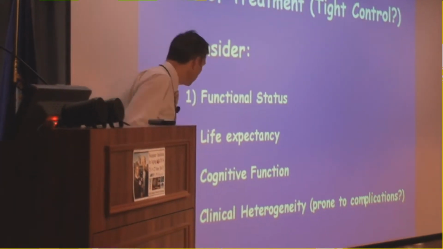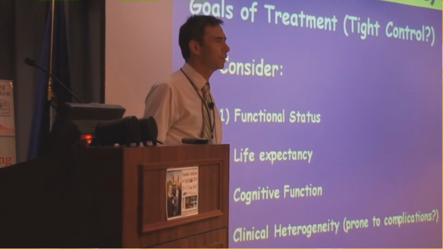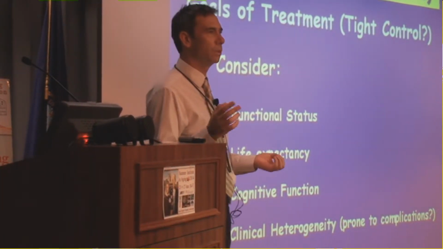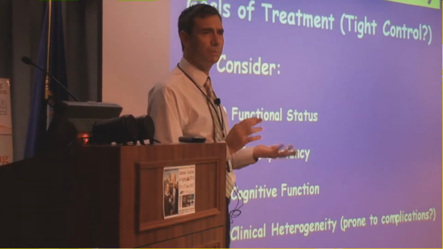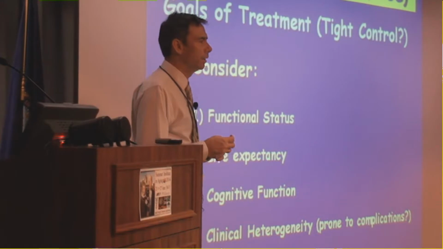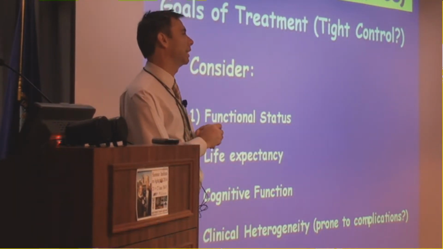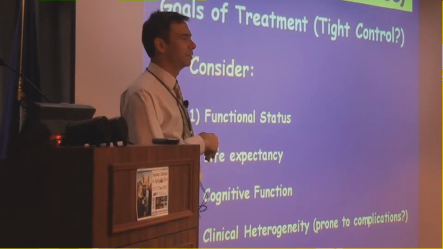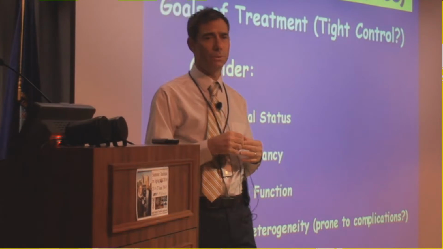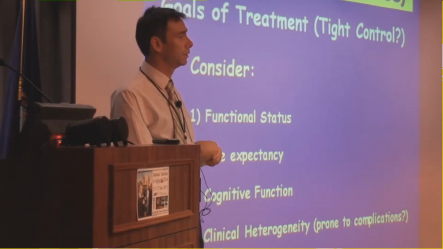And then this one is called clinical heterogeneity, or how prone is that person to complications. This has to do with what I mentioned before, whether every person with diabetes will develop complications or not. And you can kind of get an idea. For example, if you see someone who's had diabetes for 30 years and never took care of it, but they don't have any complications, it means that somehow they are more resistant, right?